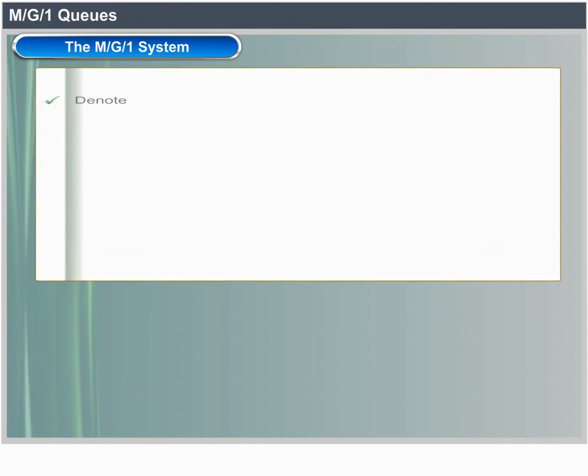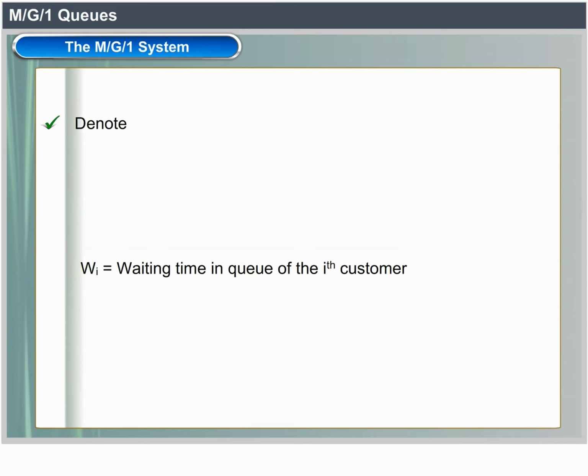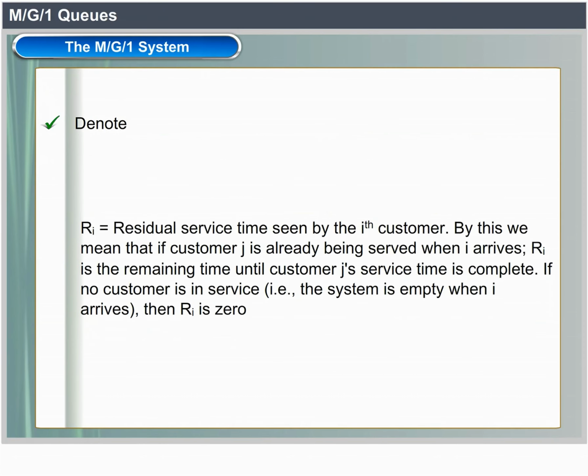Denote Wi, waiting time in queue of the ith customer; Ri, residual service time seen by the ith customer. By this we mean that if customer j is already being served when i arrives, Ri is the remaining time until customer j's service time is completed.